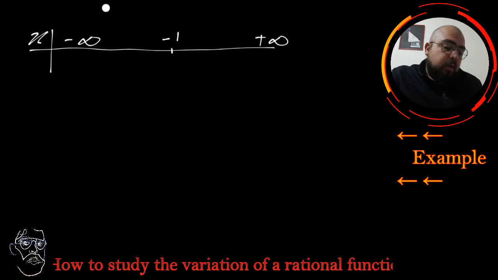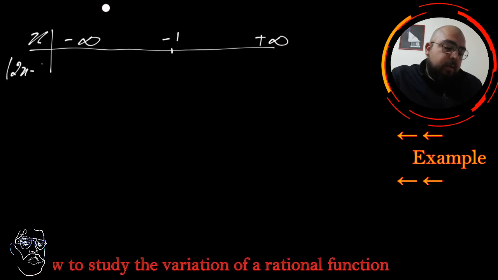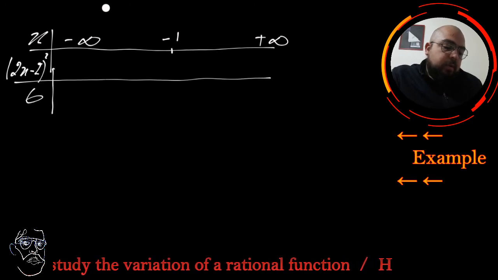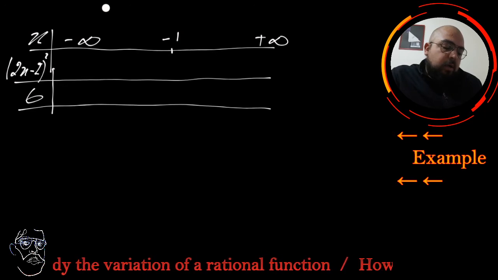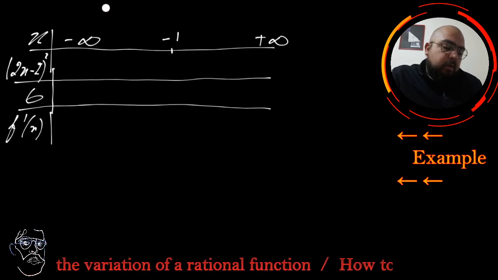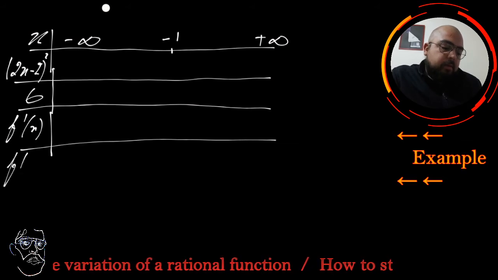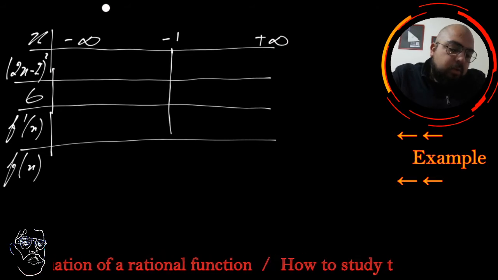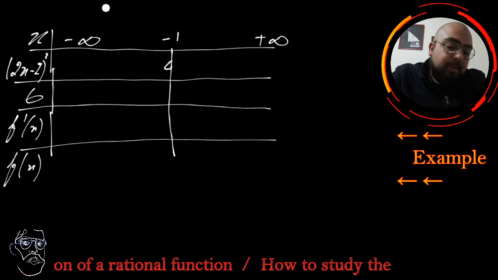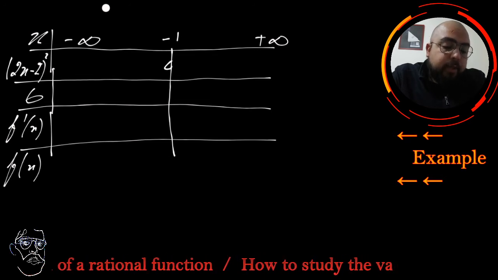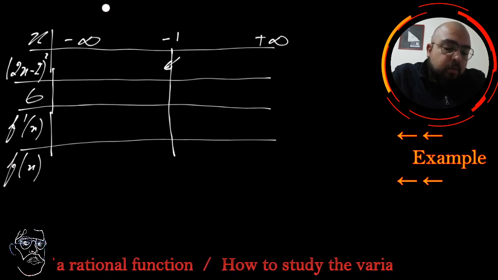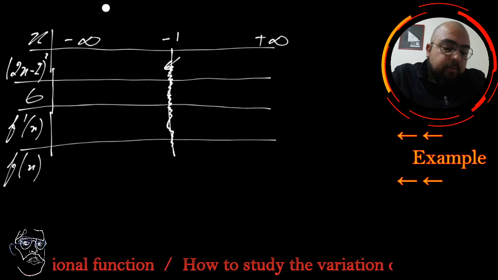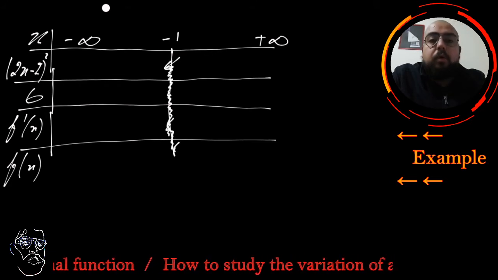Of course you can say it's 2x plus 2 to the power of 2. This is for the denominator, 6 is the numerator, and f prime of x, finally f of x. For minus 1, it will of course be 0, but since it's a value that you should be rejecting, we're gonna say that minus 1 actually is a value which is considered outside our domain of definition.